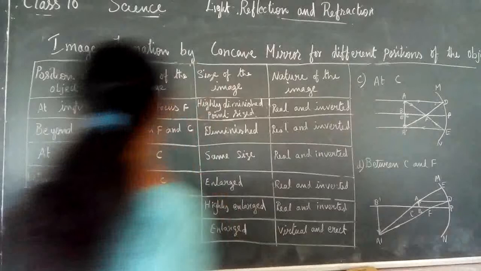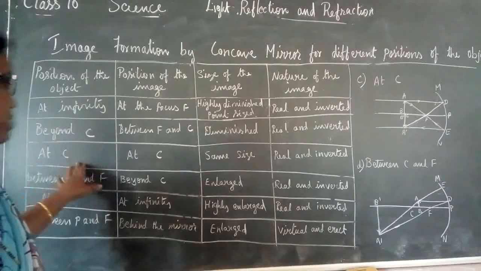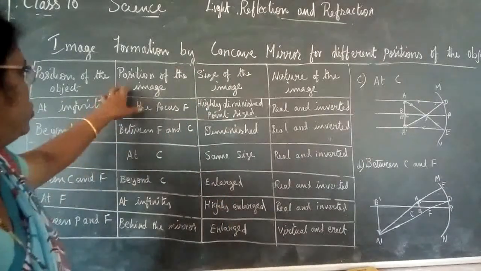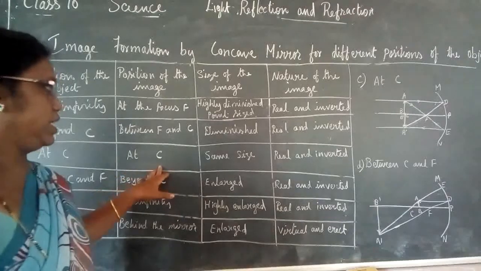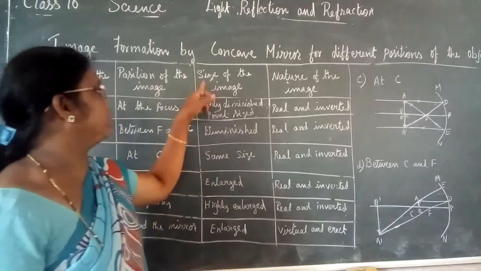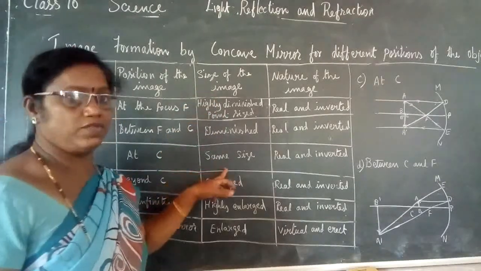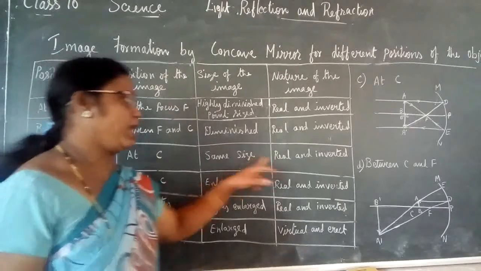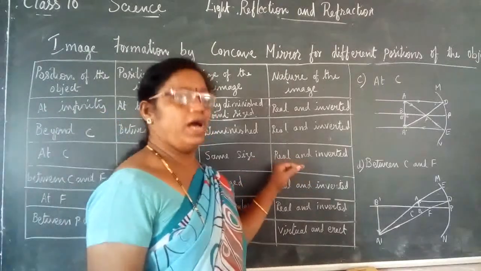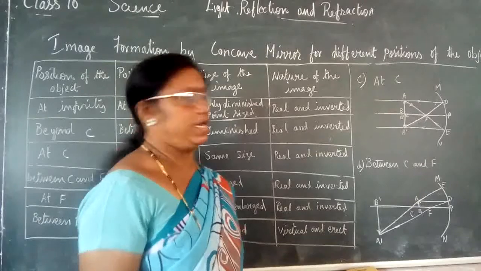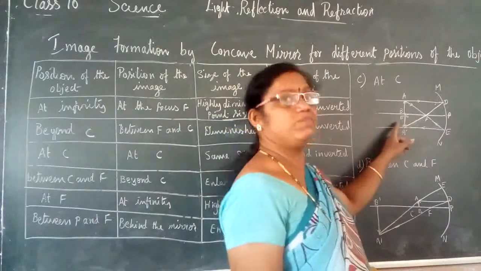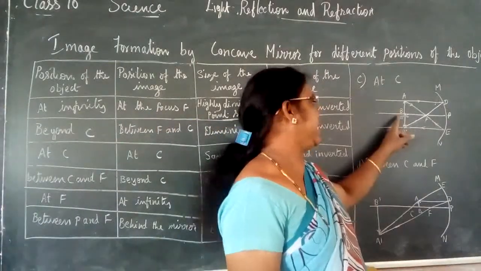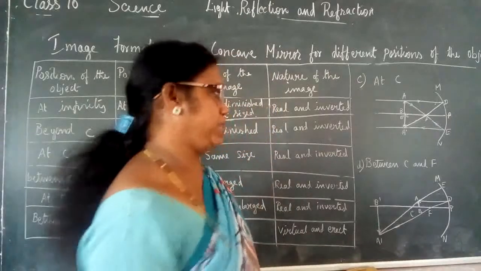And hence when the object is placed at C, the position of the image is at C, and what type of image do we get? Size: it is of the same size, and it is also a real and inverted image. The image formed is a real image, and it is an inverted image.